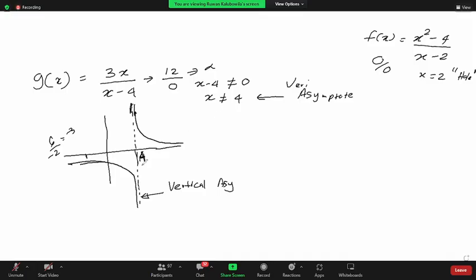Why? You can see number 4, we can draw a dashed line like this, and the function goes to infinity as we approach this line. If this is vertical, you should have a horizontal asymptote also. We can talk about that later. So when we talk about asymptotes, it's one type.